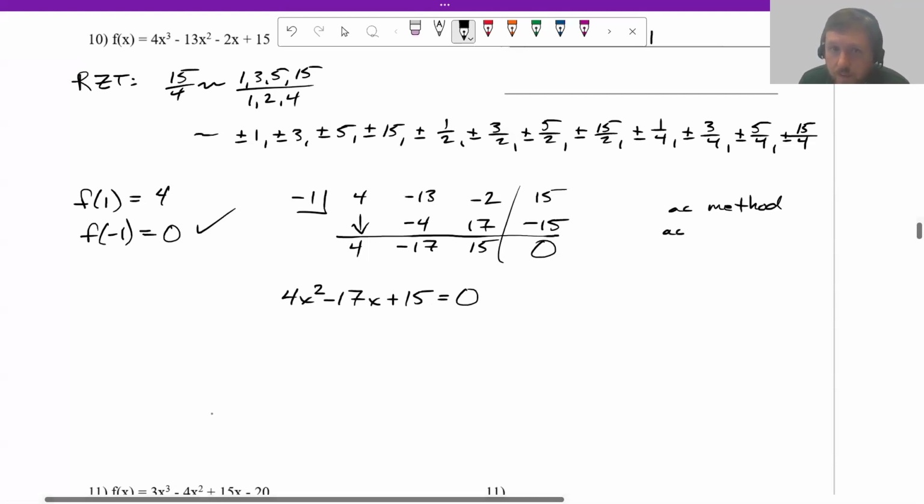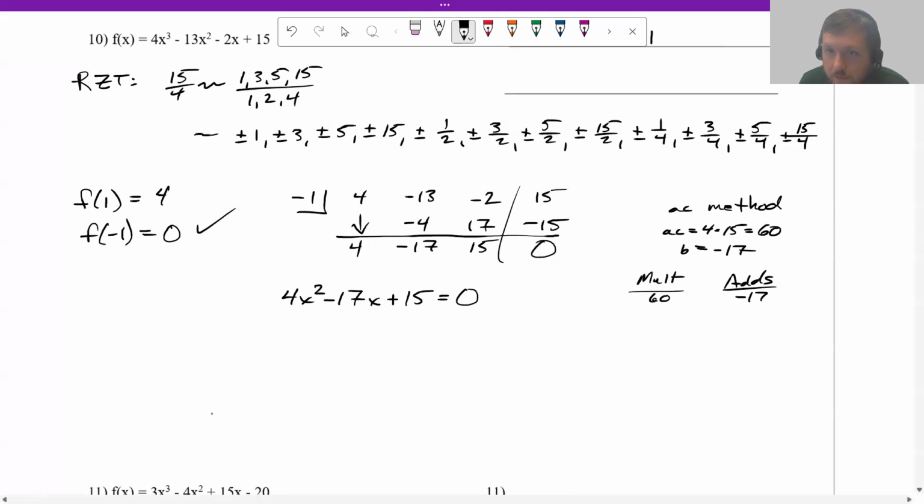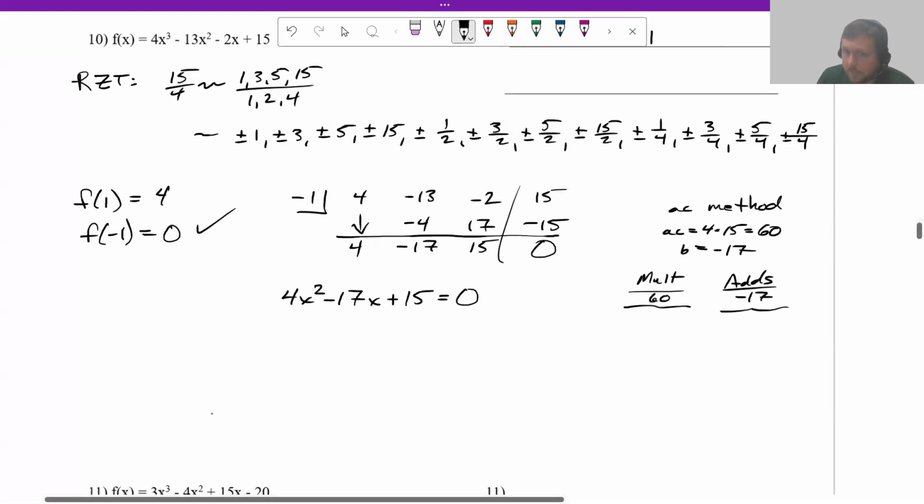So AC is going to be 4 times 15, so I get 60. My B is equal to -17. So I need something that multiplies to positive 60 and adds to -17. And you can go super systematic. Now, since that's positive, that means that they have the same sign.